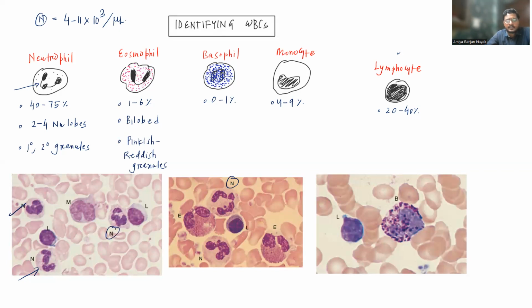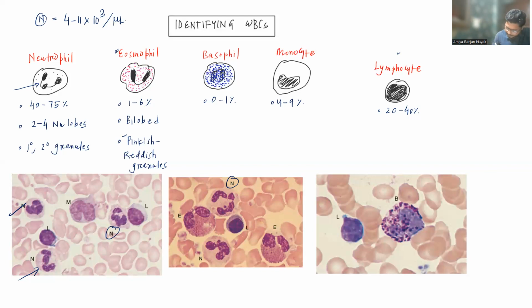These granules tend to bind to eosin dyes. That is why they will have this pinkish to reddish appearance, and that is also the reason for the name eosinophil. So these are the characteristics of eosinophils.